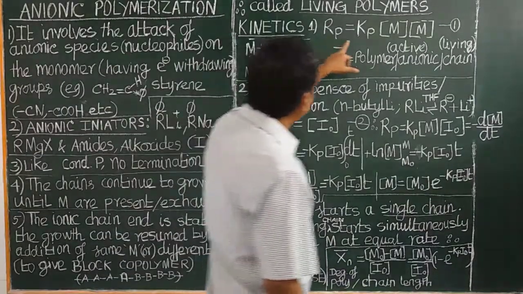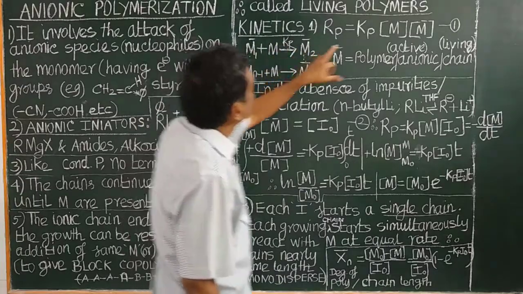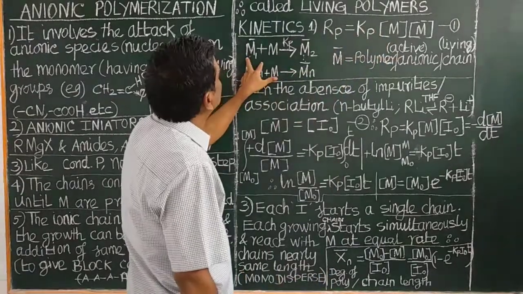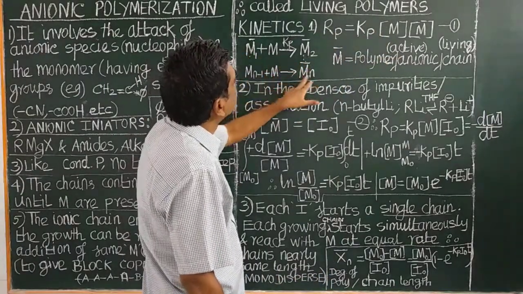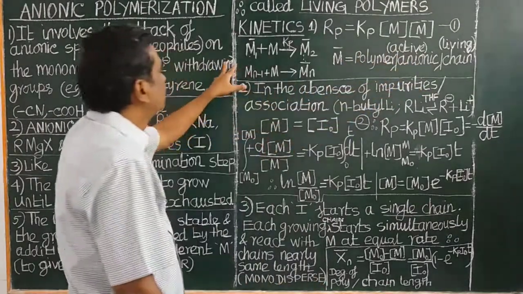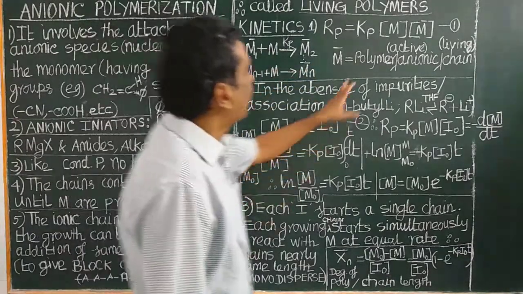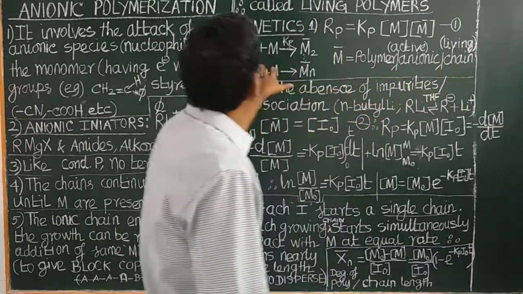The rate of propagation is directly proportional to the monomer concentration and the polymer concentration. This is the M2 minus active anionic living polymeric chain.